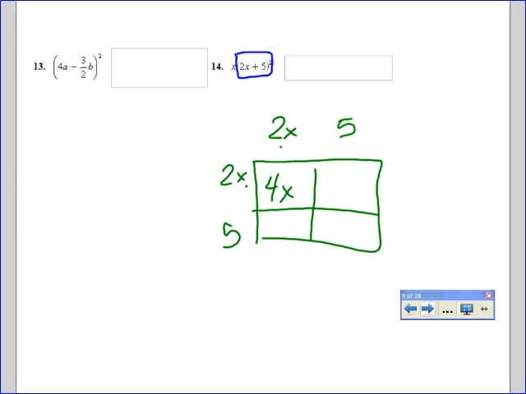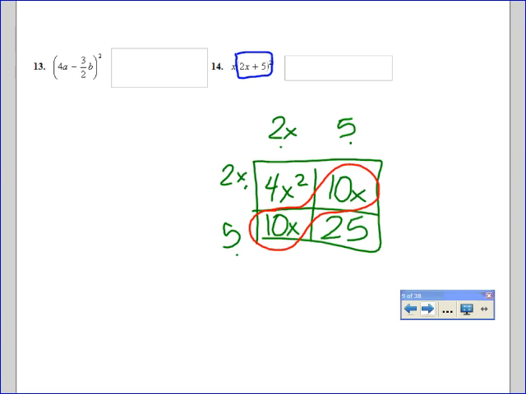Multiplying 2x and 2x will be 4x squared. Multiplying 2x and 5 will be 10x. Simply on the bottom left, 10x. And a 5 and a 5 makes 25. I know I went through that somewhat quickly, but hopefully you can keep up. Again, if you feel like you need to go back and watch this again, do it.